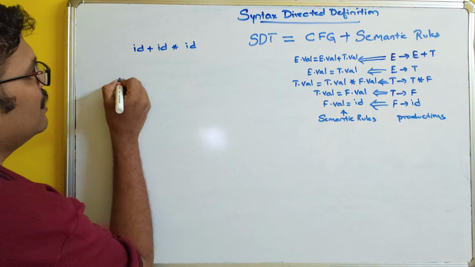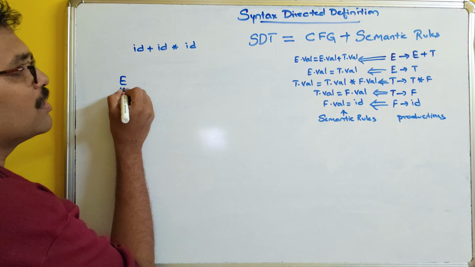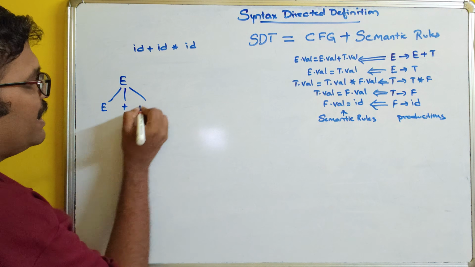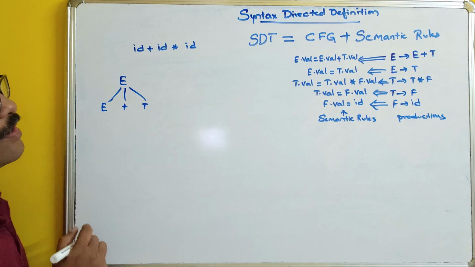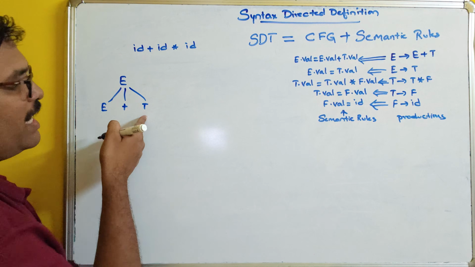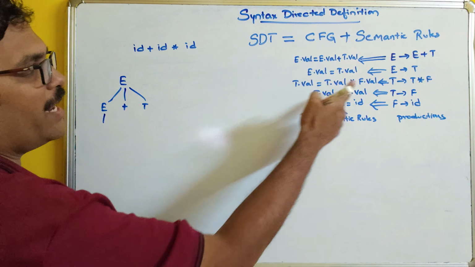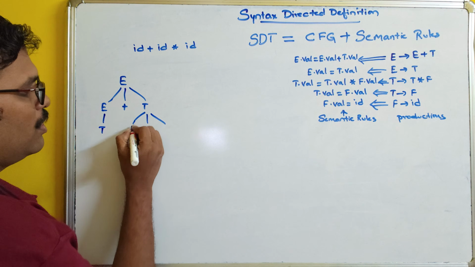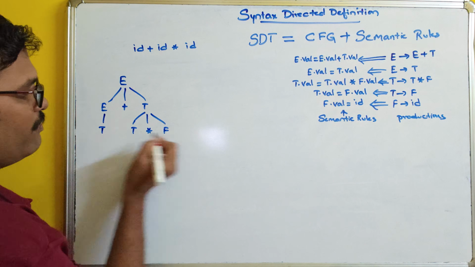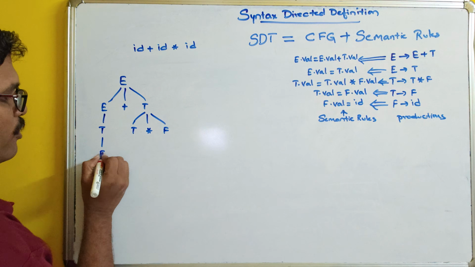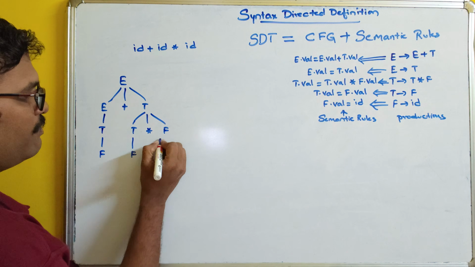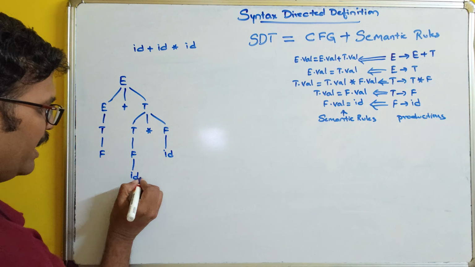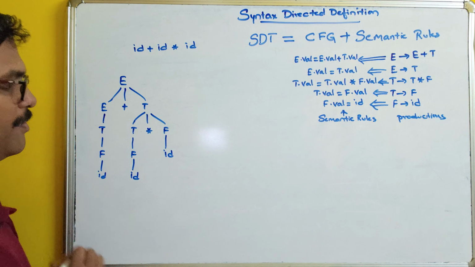First start with the starting one, E, which can be expanded with the three terms, that is E plus T. Now this E can be expanded to T, and this can be expanded to T into F, and this can be expanded to F, and this can be expanded to F, and this can be expanded to ID, and this to ID, and this to ID.